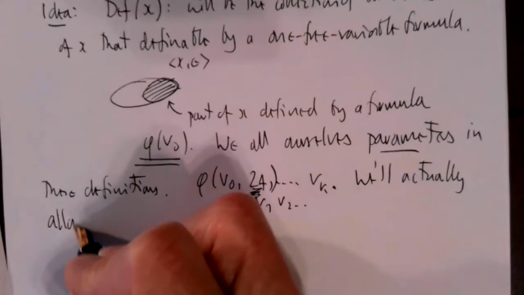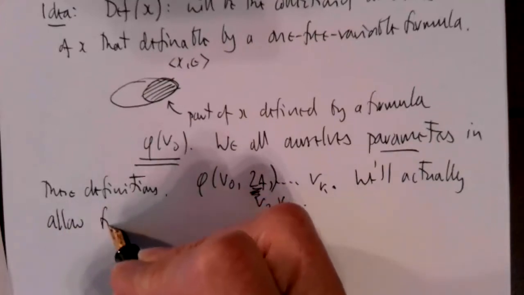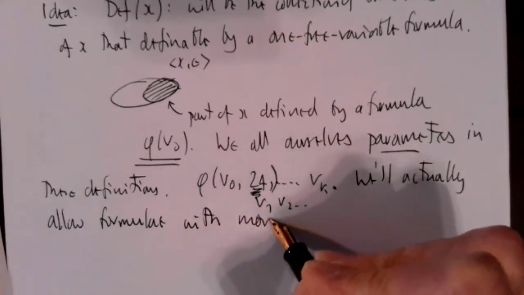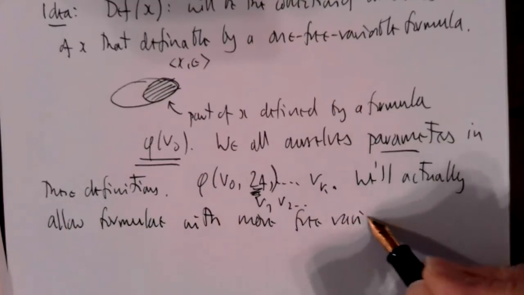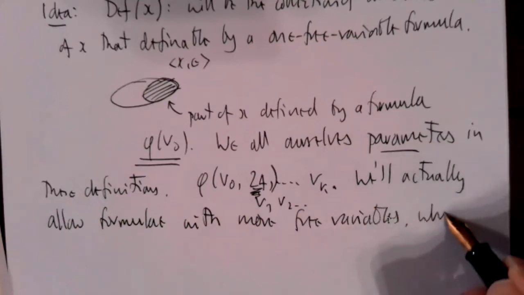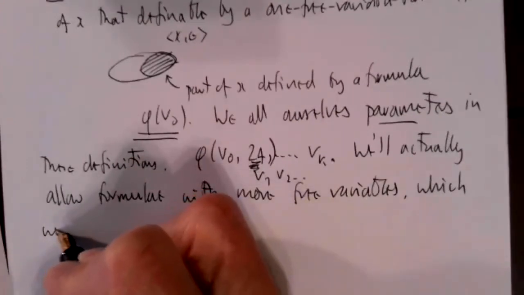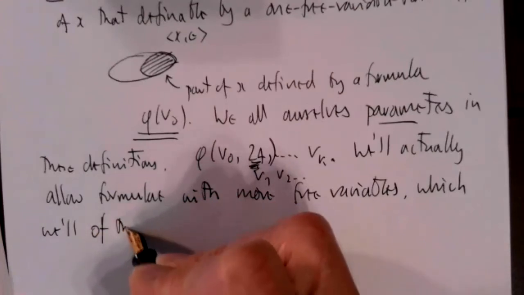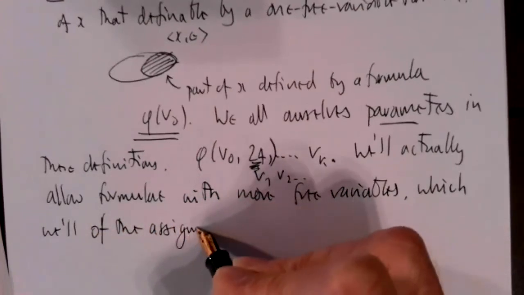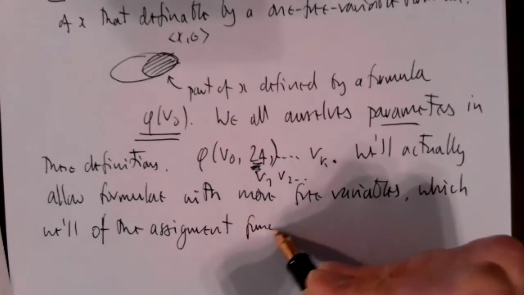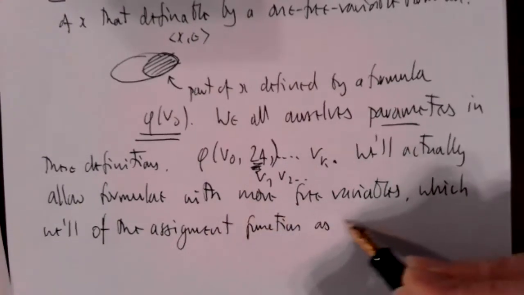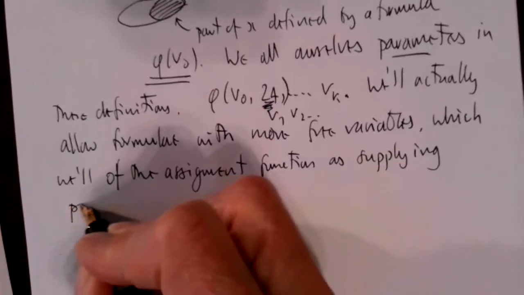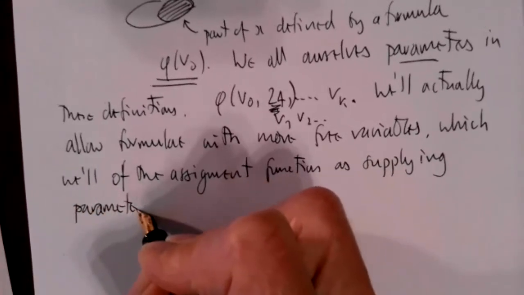So we'll actually allow formulae with more free variables, which we'll think of the assignment function h as supplying parameters from X for the definition.